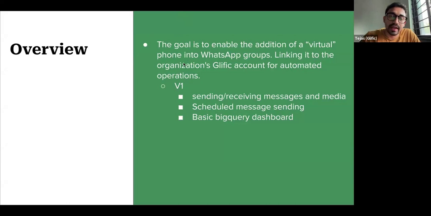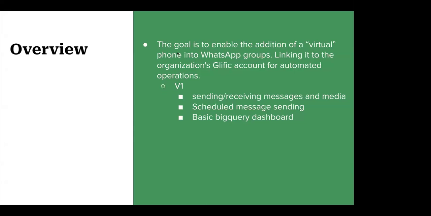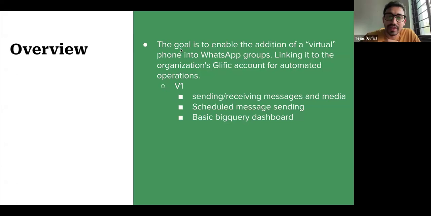Within a month or so, you can have three active virtual numbers linked to your Glyphic, and you should be able to see all the groups that are part of all three numbers. Was I able to answer your question, Rajeshwari? Yes, got it. So yes, you can have more than one phone number linked to your MateAPI, up to three as of now.